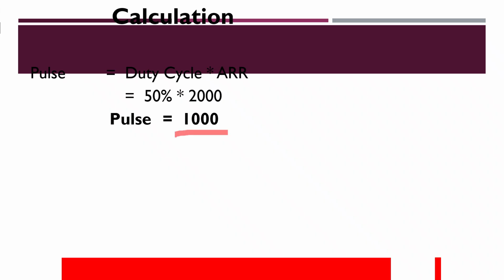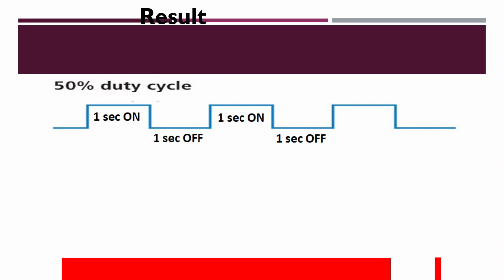Okay, these are the common calculations based upon the common formulas given on the PWM. So this is the result for 50% duty cycles. For 1 second it is on, then 1 second off, then 1 second on, then 1 second off. So this is the basic result for 50%. 50% duty cycle means the graph will come like this, a square wave. First on, then off, then on, then off, like that only the results will be modified.